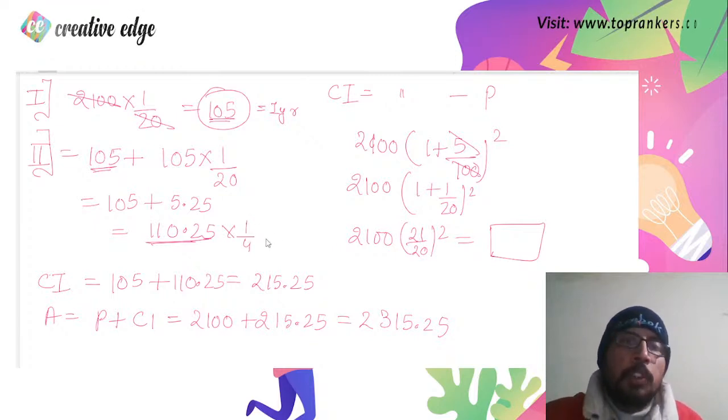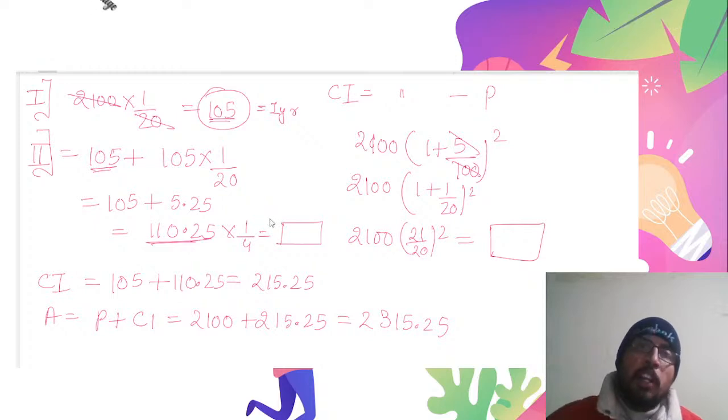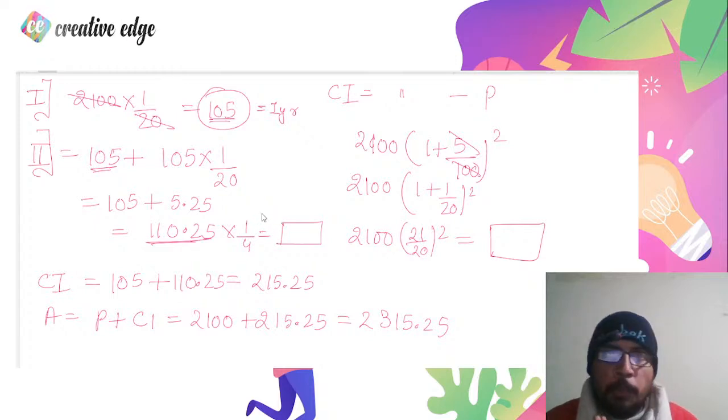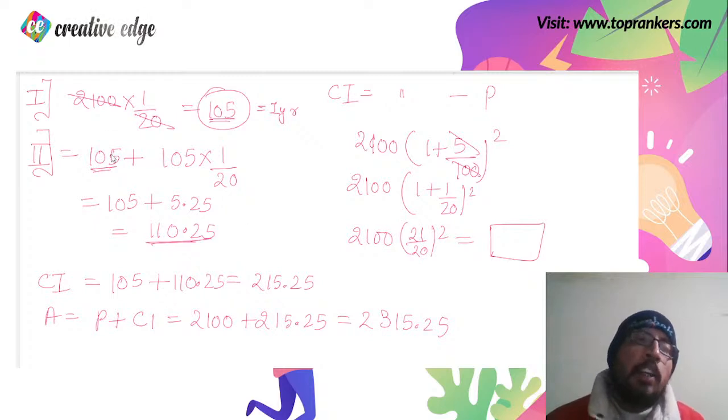So you will get the interest for the 3 months of the second year, add 105 to this number, and you will get the interest for the 5 by 4 year. That is why I deliberately explained with the split method, meaning we split the interest year by year.